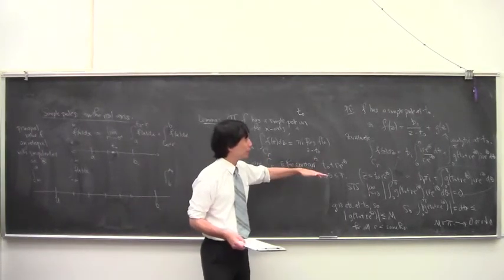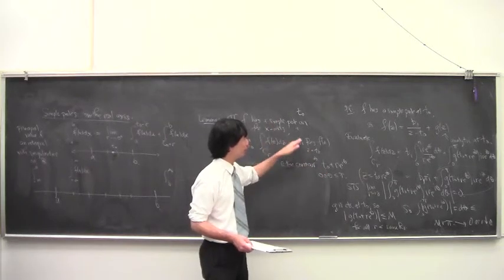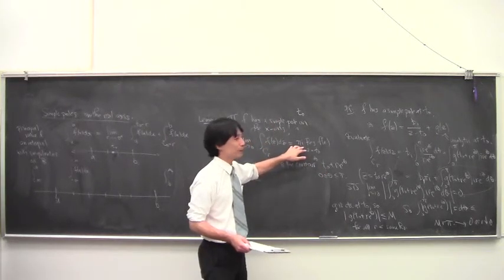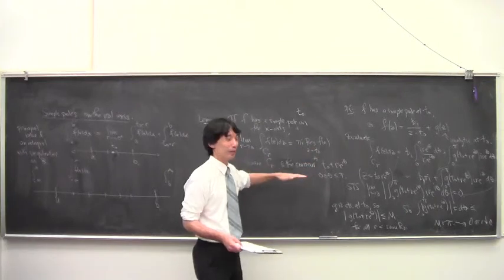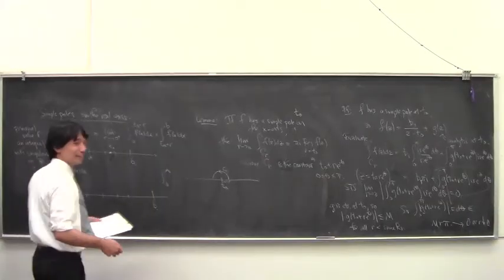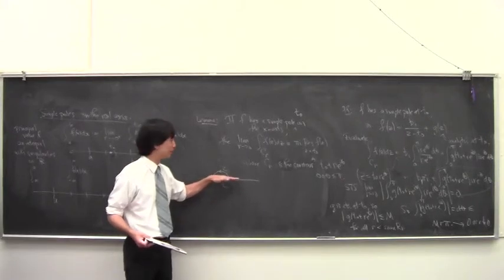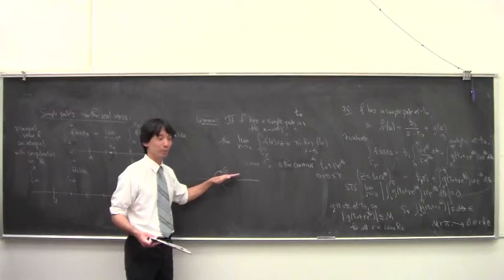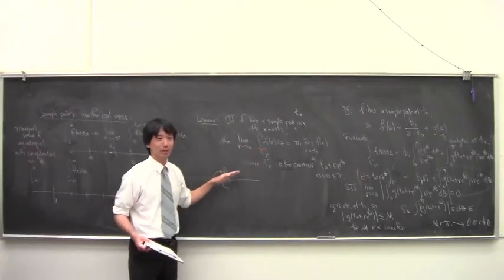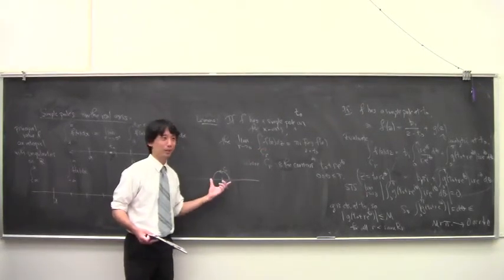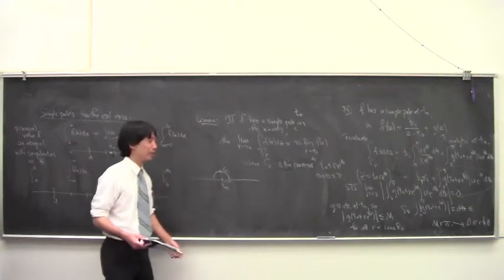If we had integrated only over a quarter of the circle, we would have gotten pi over 2i times the residue. So it's sort of funny, the amount you go around the circle, you're going to pick up a proportionate amount of the residue.